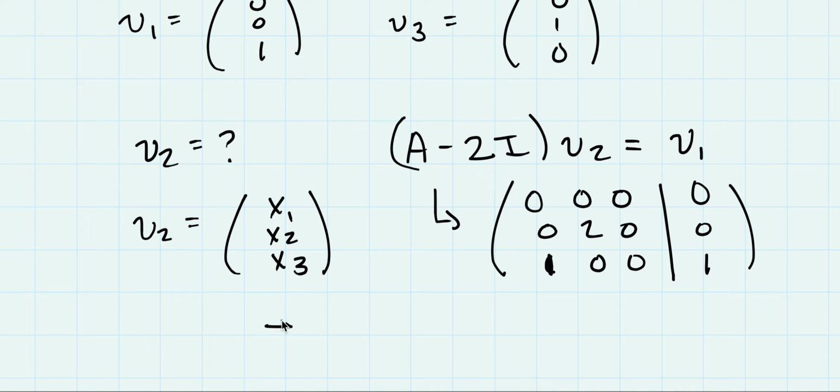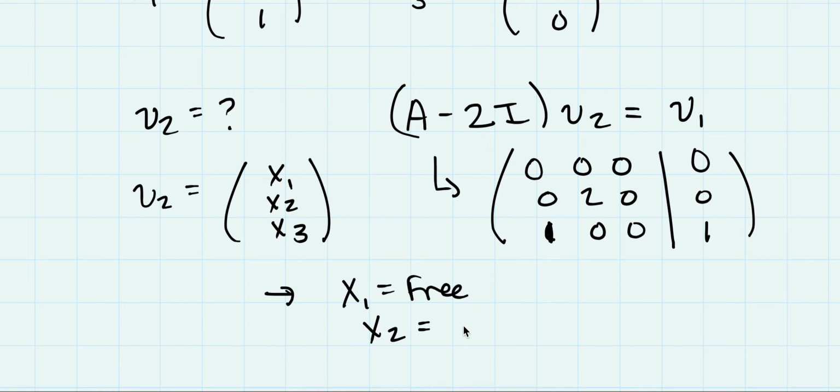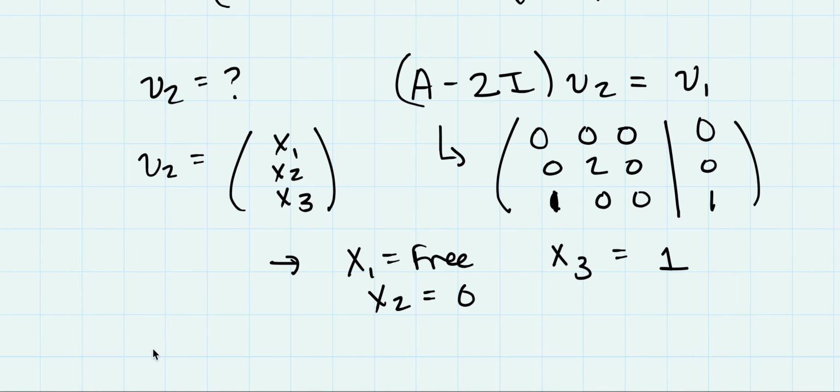So you can see that x1 is free, x2 is equal to 0, and x3 is equal to 1 for this to work. And if x1 is free, you can just use the vector.